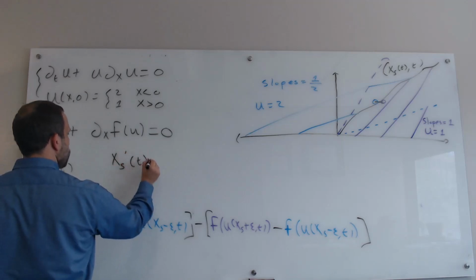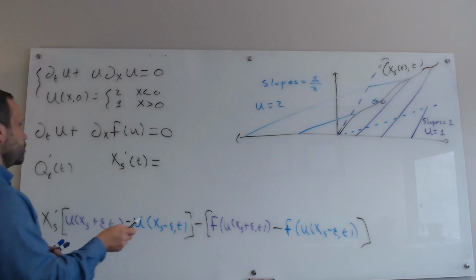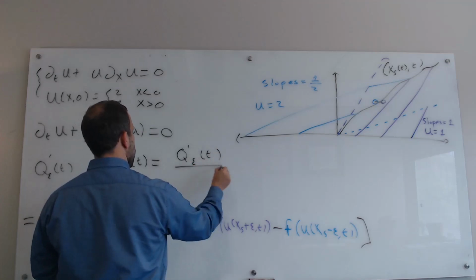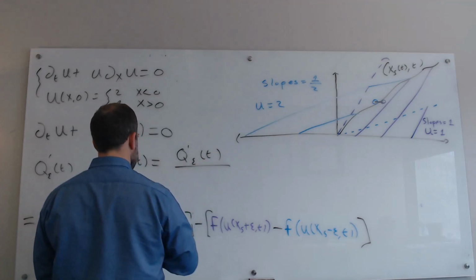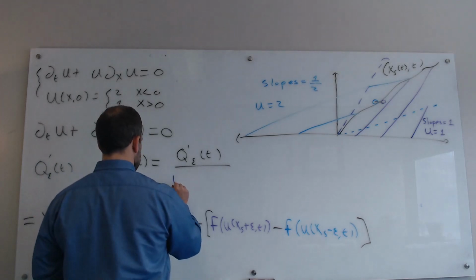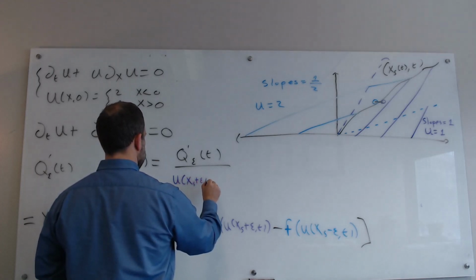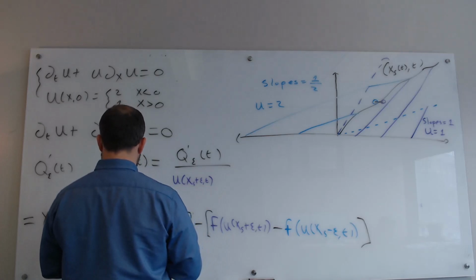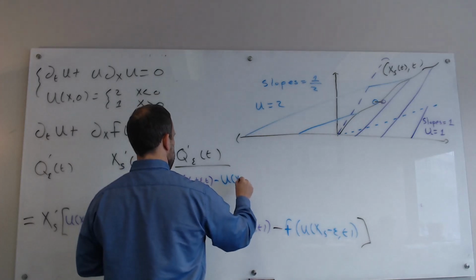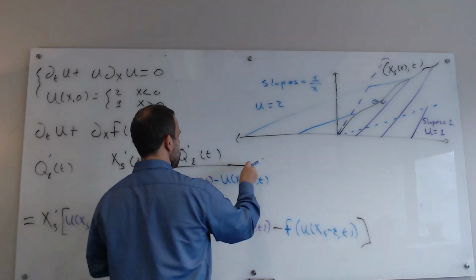So now I have room, so I will write the xs prime of t. This is going to be equal to q epsilon prime of t divided by the thing that is multiplying xs prime down here. So it's going to be u of xs plus epsilon comma t minus u of xs minus epsilon comma t. Same color coding scheme.